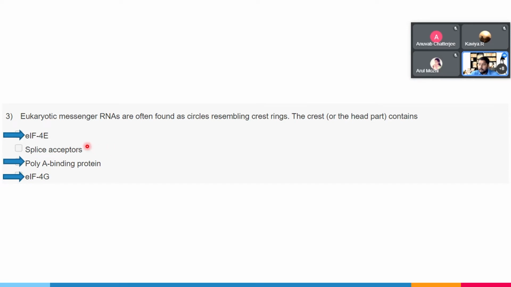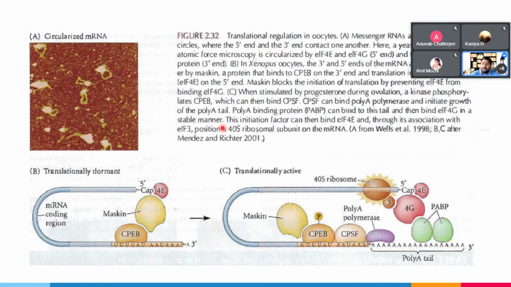Thus, in answer to the particular question, we have three correct answers, which are eIF4E, poly A binding protein, and eIF4G. Splice acceptors are essentially proteins which are present inside the nucleus itself. So they won't be present in the crest-like structure seen in the cytoplasm.